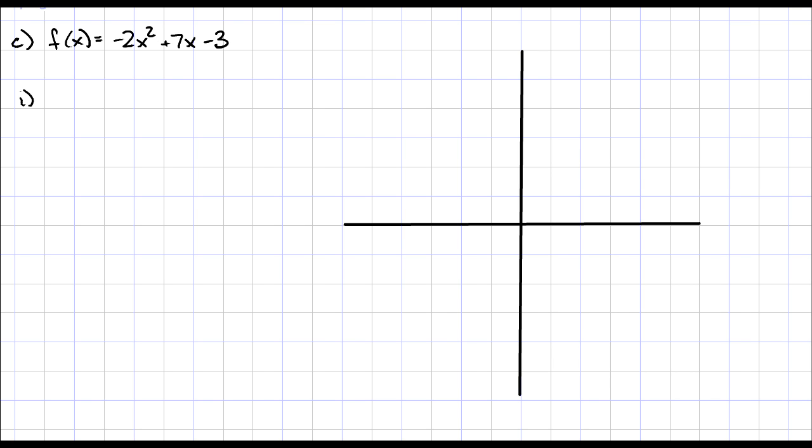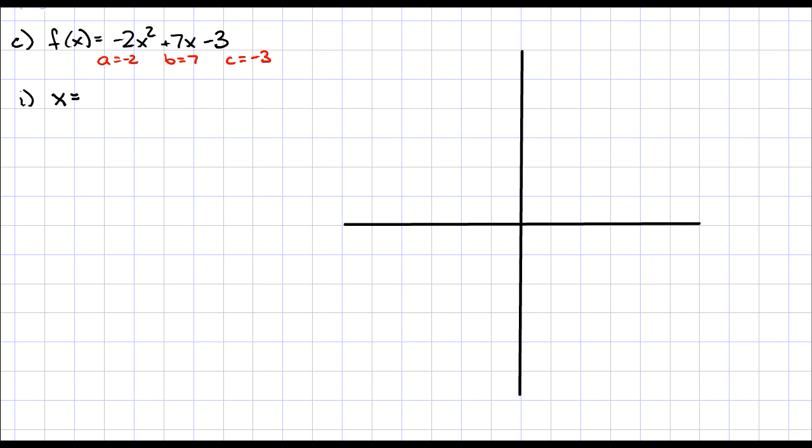So we start by finding the vertex. So the vertex, I use minus b over 2a. Oh, in fact, let me go ahead and denote. A here is minus 2, b is 7, and c is minus 3.